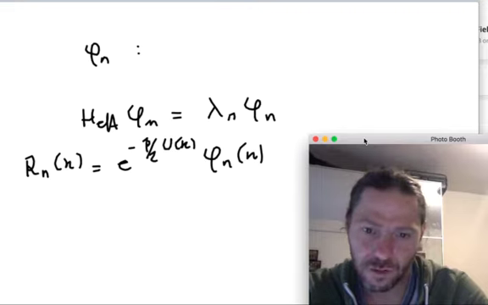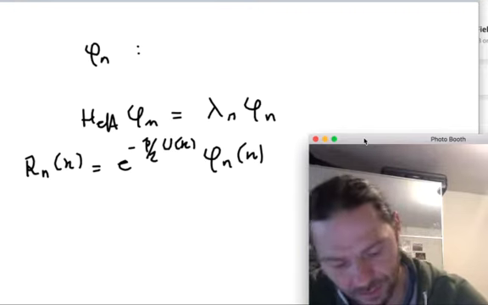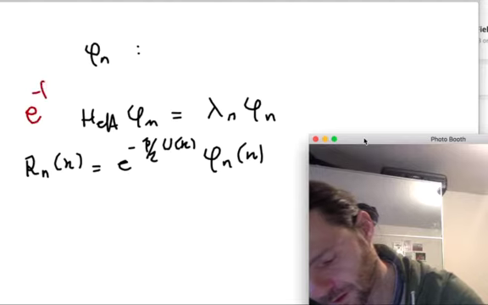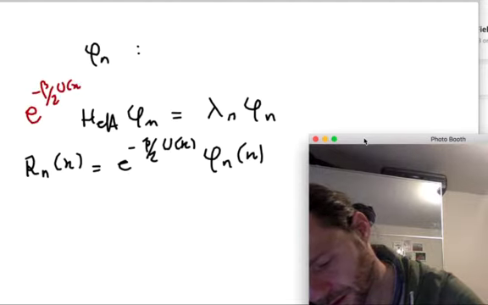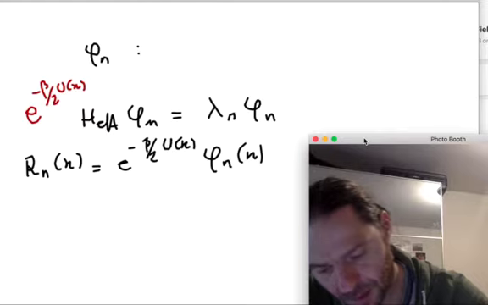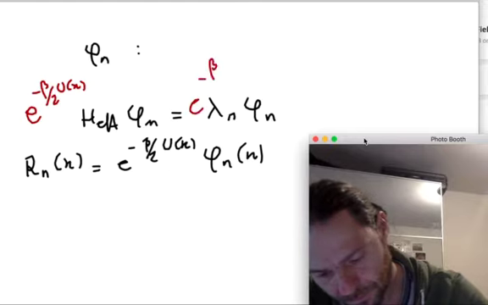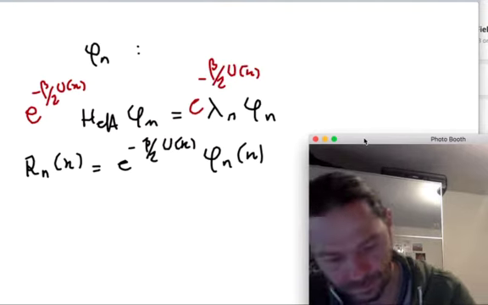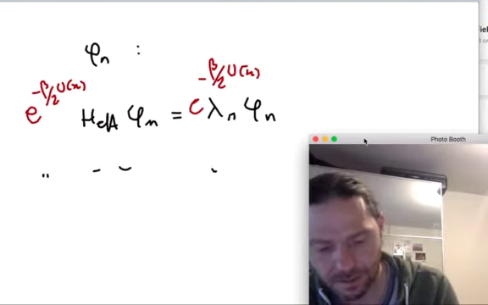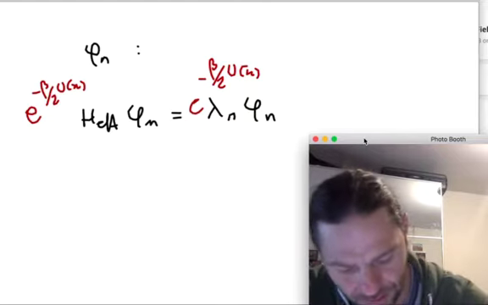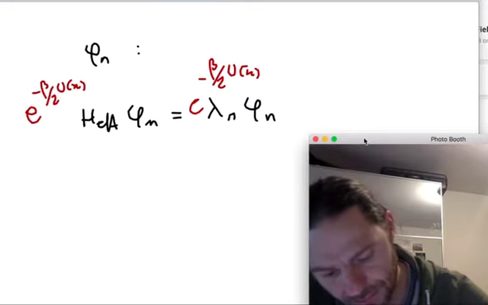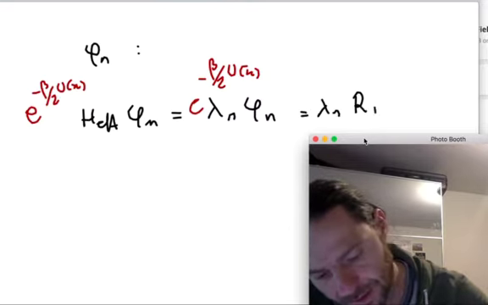Now, to obtain this, what I do, I multiply the above equation by this. Now, if you do that, on the right-hand side, you have reconstructed lambda n R n of x.